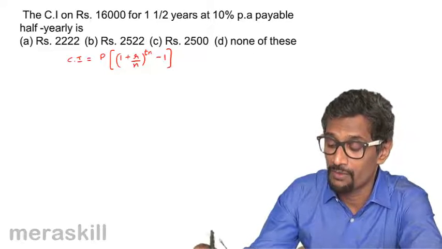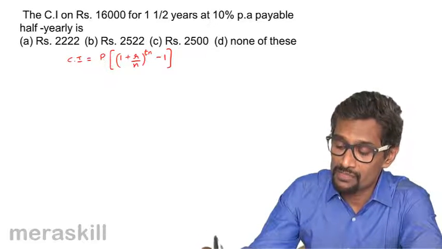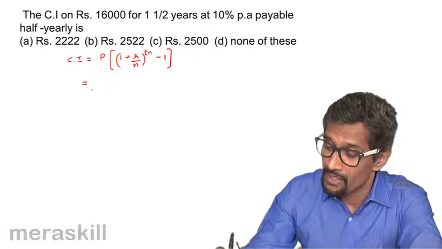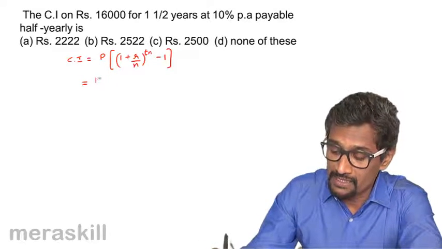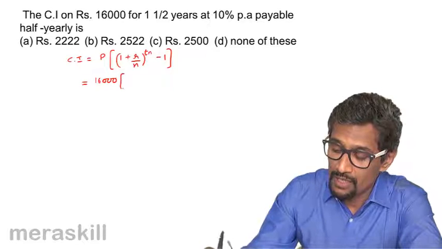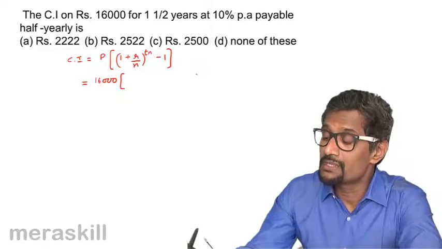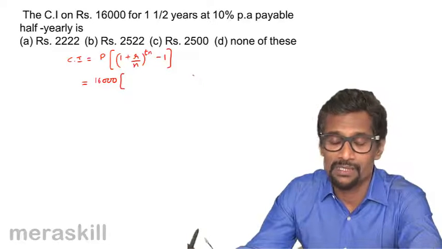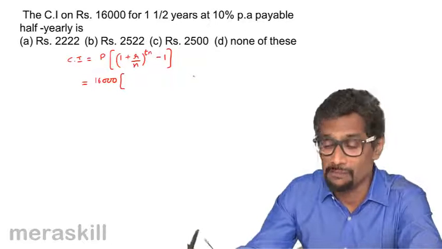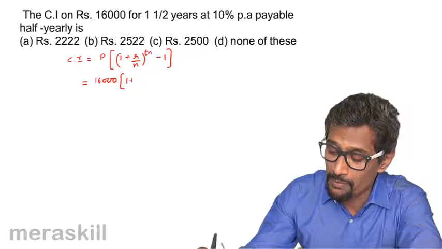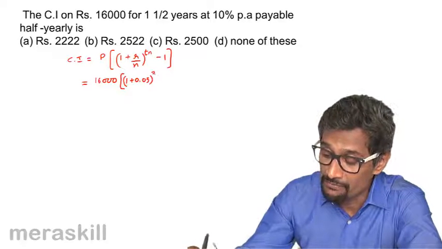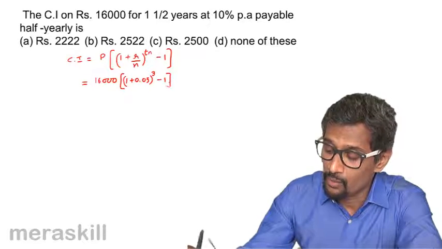This is obtained from the fact that compound interest will be amount minus the principal. You can take P as a common factor. Now principal is 16,000 and you have 10% per annum. So it's going to be 5% for every 6 months term. So it's going to be 1 plus 0.05 raised to 3, since in 1.5 years there are 3 such half year terms, minus 1.